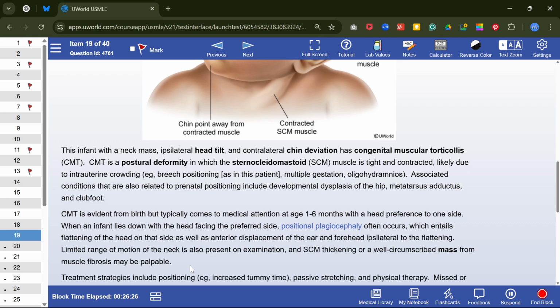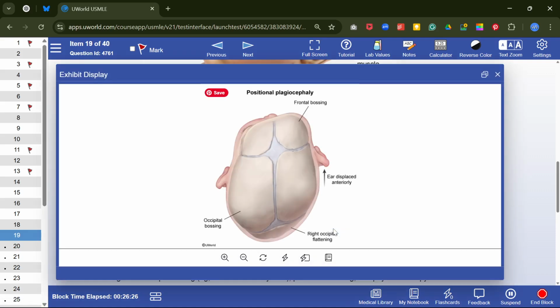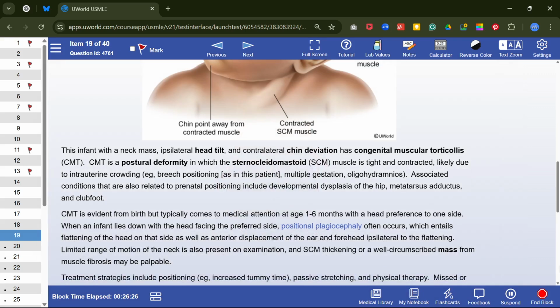When an infant lies down with head facing the preferred side, positional plagiocephaly often occurs, which entails flattening of the head on that side as well as anterior displacement of the ear and forehead ipsilateral to the flattening.